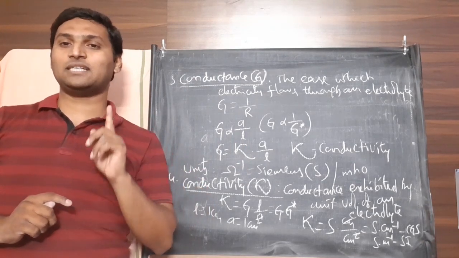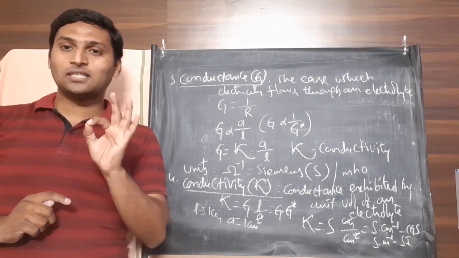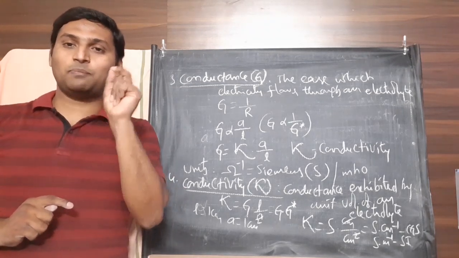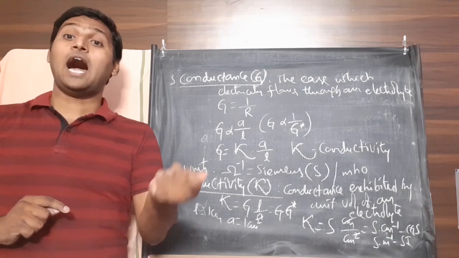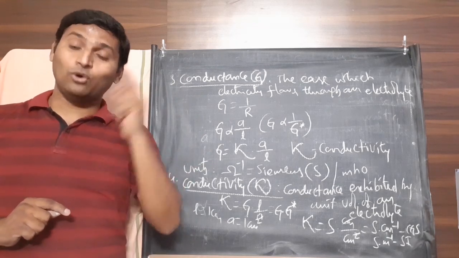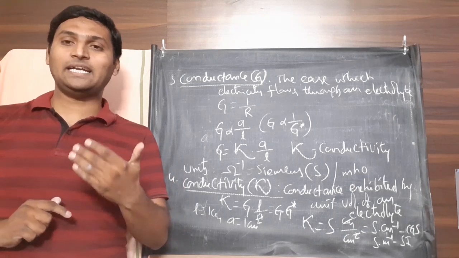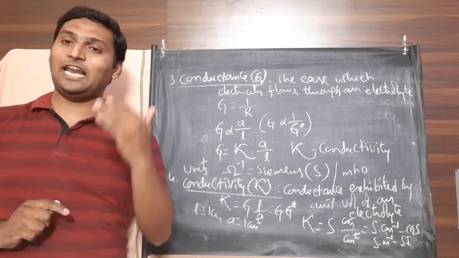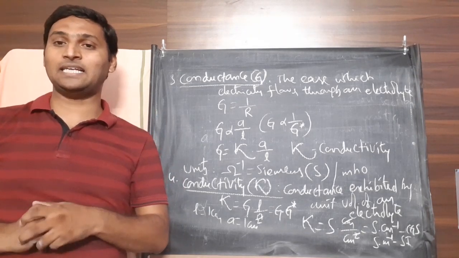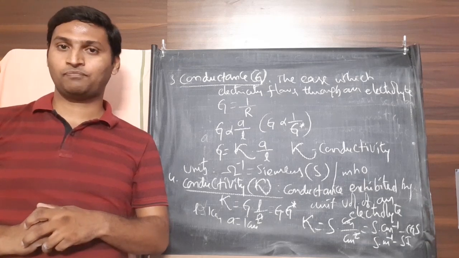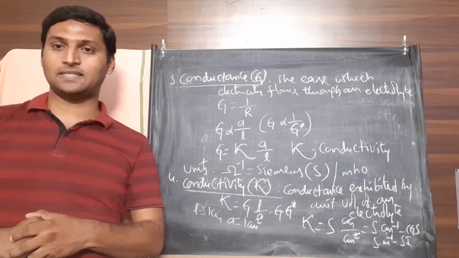Next, I am going to discuss a property which is exclusive and specific to electrolytic conductors, and more appropriately, talks in more detail about the behavior of electrolytic conductors, that is molar conductance. Let us understand molar conductance.